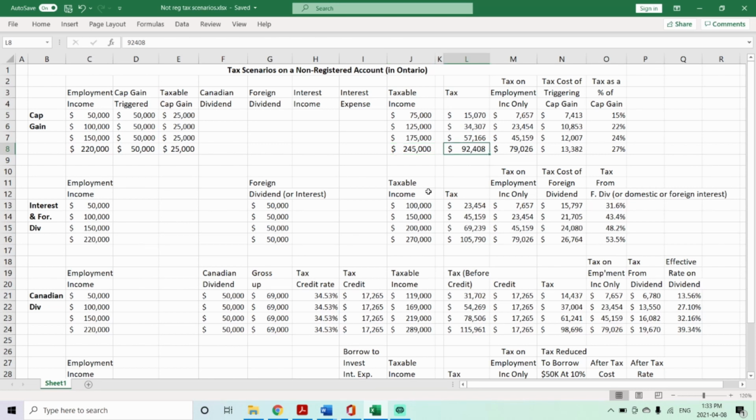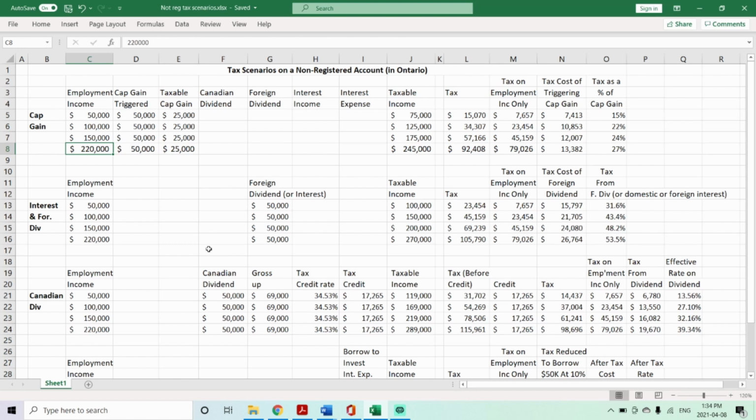Tax on $245,000 is $92,408. If I didn't trigger the capital gain, the tax on my $220,000 of employment income would have been $79,026. The cost of triggering that capital gain is $13,382. $13,382 over $50,000 is 27%.